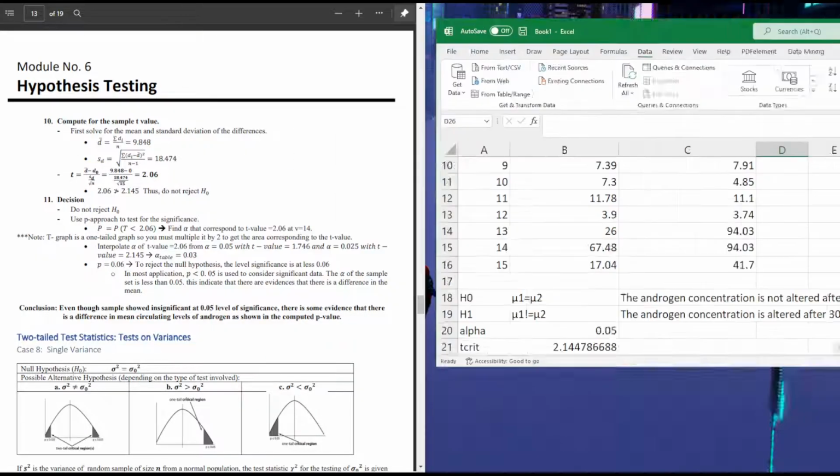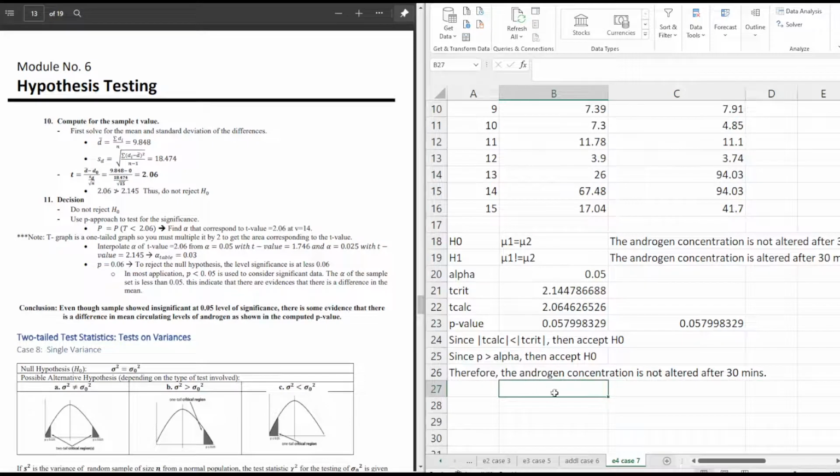Okay, and let's go back to the, and if we get the same results, 2.06, ito naka round off yung p-value na 0.06. Then you have the same 2.06. Tapos, so ang conclusion niya is that the sample showed that there is some evidence that there is a difference.